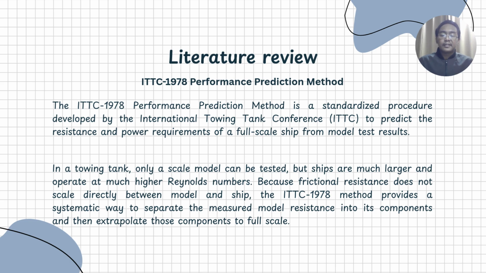In a towing tank, only a scale model can be tested, but ships are much larger and operate at much higher Reynolds number. Because frictional resistance does not scale directly between model and ship, the ITTC 1978 method provides a systematic way to separate the measured model resistance into its components and then extrapolate those components to full scale.